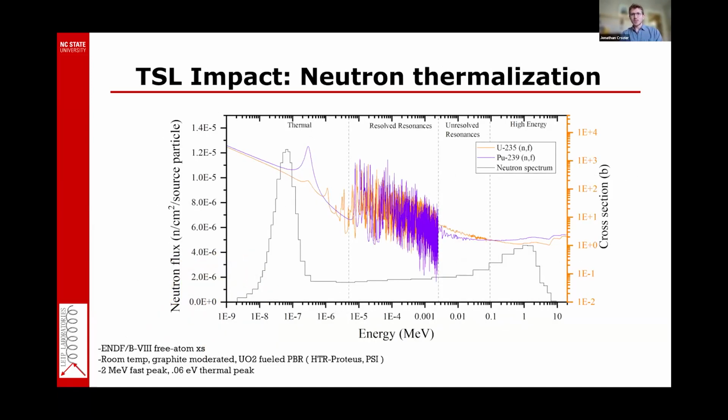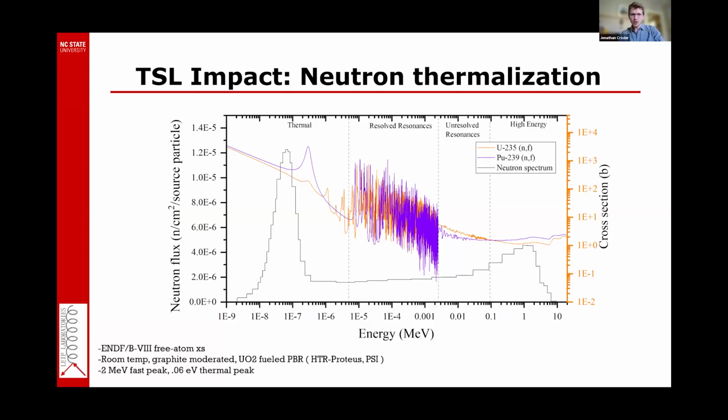And so here I'm showing the cross sections for the U-235 and plutonium-239, these fissile isotopes, overlaid with a thermal spectrum from the HTR-PROTEUS. And so this is a room temperature graphite moderated UO2 fueled PBR.